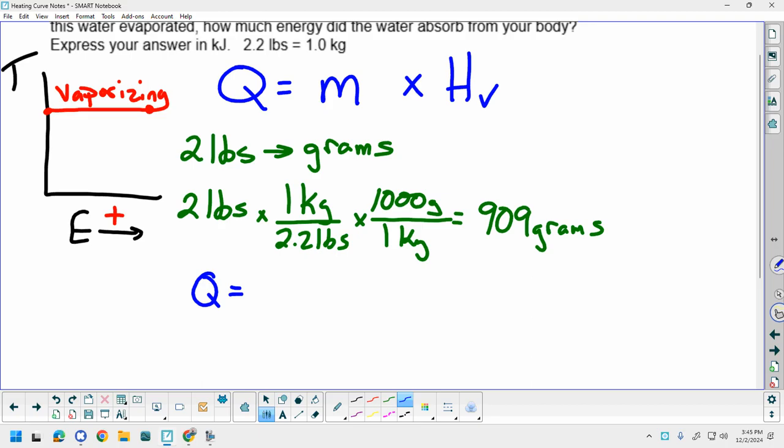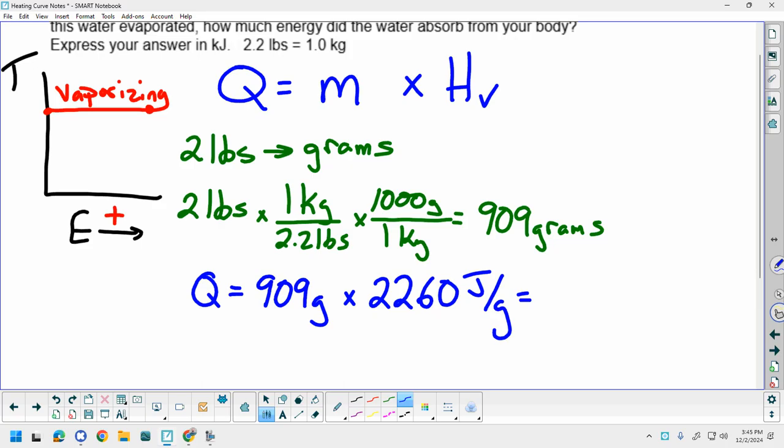So Q equals 909 grams times my heat of vaporization, 2,260 joules per gram. And my final answer to 3 significant figures is going to come out to 2,050,000 joules.